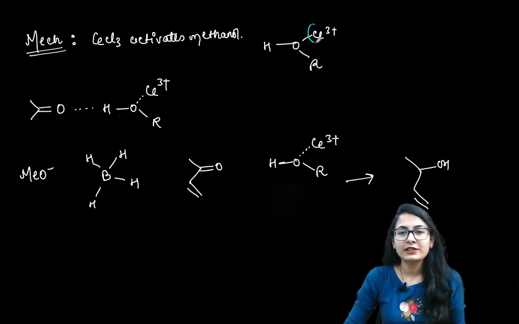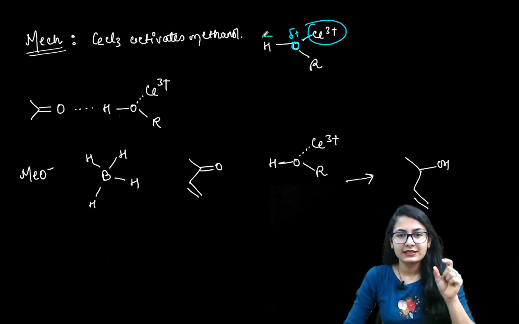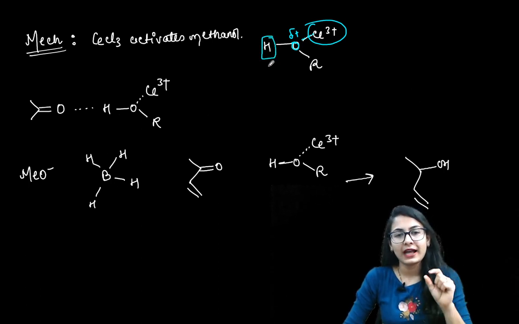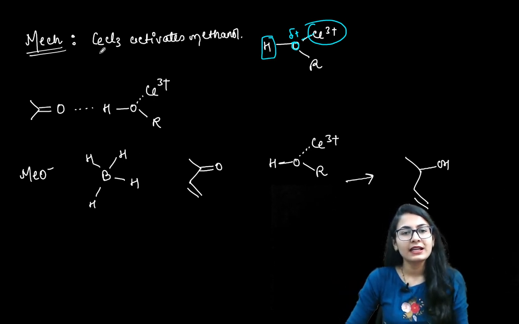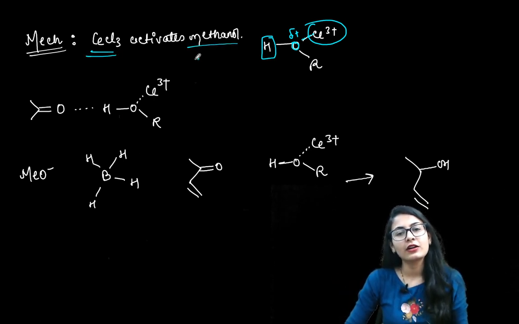Cerium first of all activates the alcoholic oxygen. It gets a delta positive charge when the cerium is trying to coordinate, and this proton becomes a more acidic proton of the same alcohol. This is why cerium activates the methanol or any other alcohol that you take as a solvent.